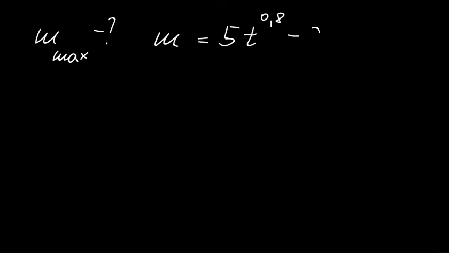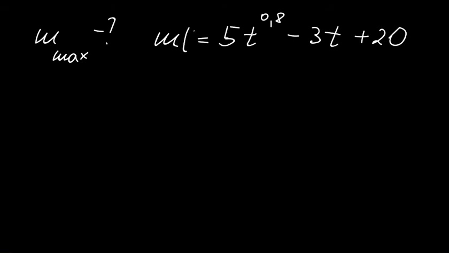Okay, so the second part of the problem asked us when the mass of water in the container is the greatest. So here we are asked to calculate m max. So we have our function. I'll just rewrite it from our original problem.